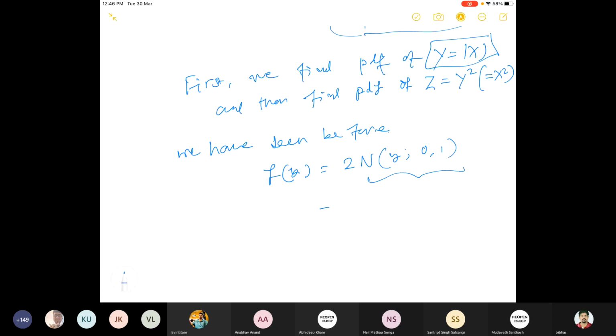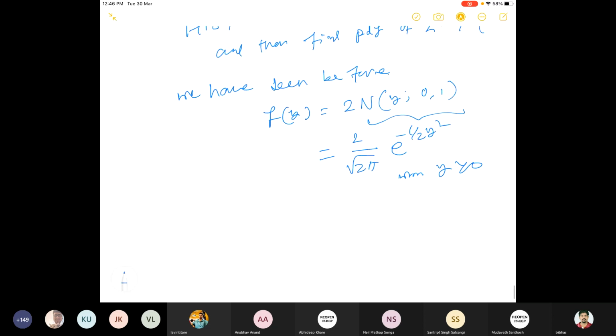If we write this directly, it will be 2 by square root of 2 pi e to the power minus half y square when y is bigger than 0, and g of y equal to 0 otherwise.